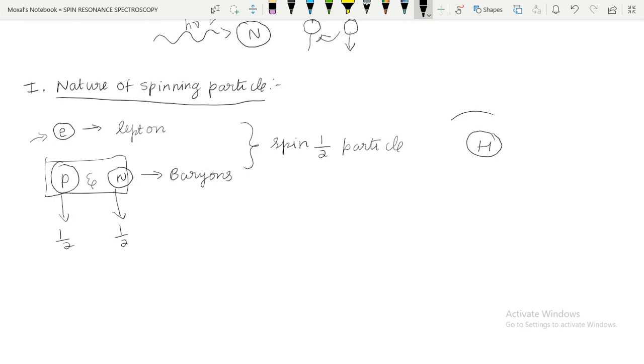This hydrogen atom will have an electron and a proton inside the nucleus, right? So here in this chapter, we'll be studying NMR and ESR. NMR means nuclear magnetic resonance, and ESR means electron spin resonance.